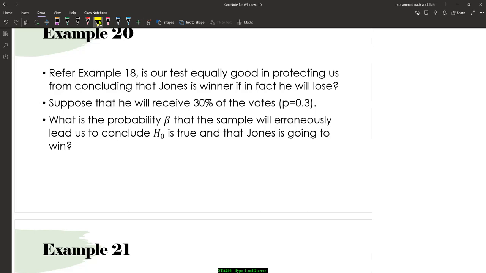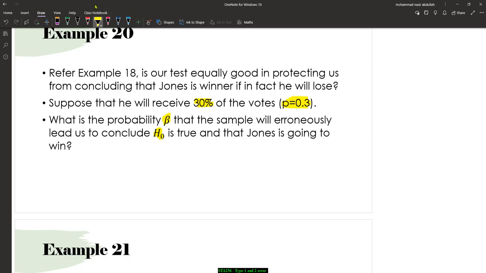So suppose that we will receive 30% of the votes, which is probability of success is equal to 0.3. So what is the probability of type 2 error that the sample will erroneously lead to conclude null hypothesis is true and that Jones is going to win? So we want to know what is the probability that we're going to accept null hypothesis, right?